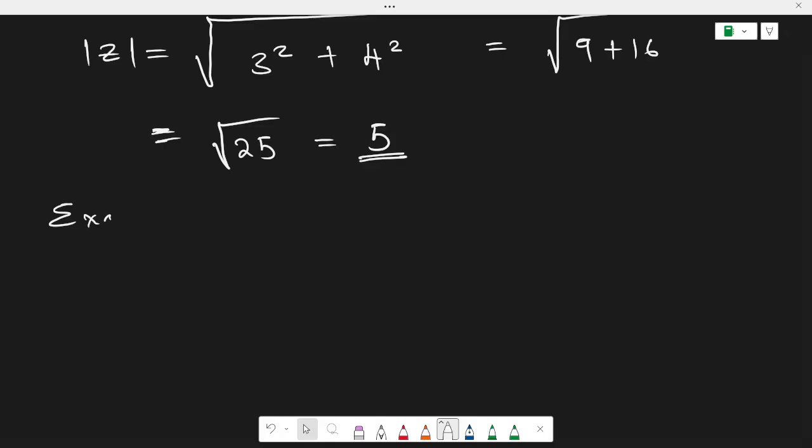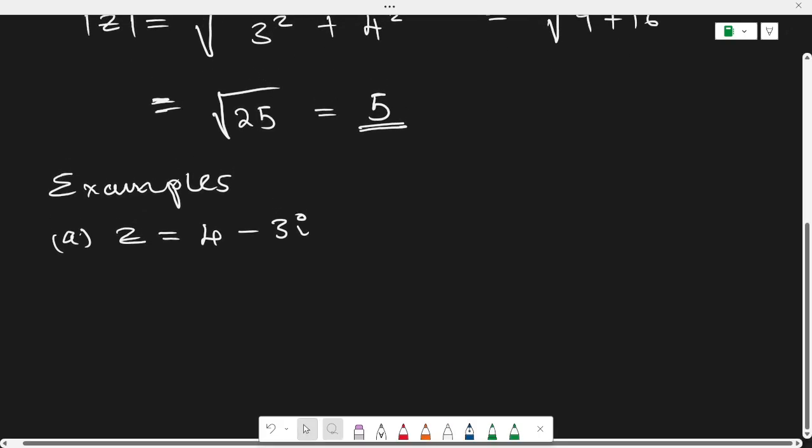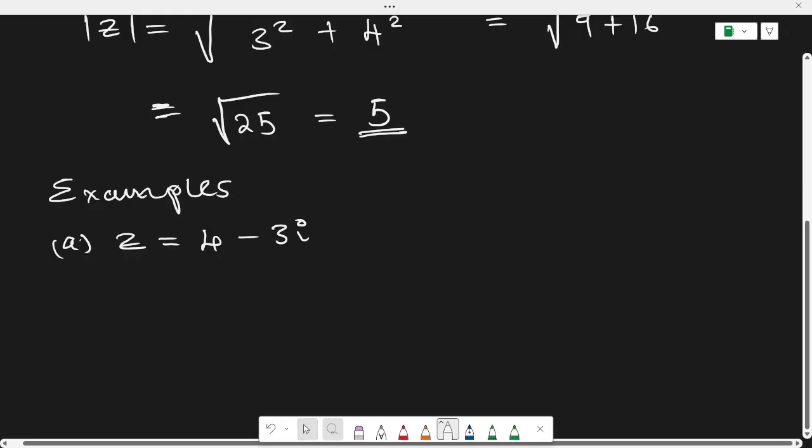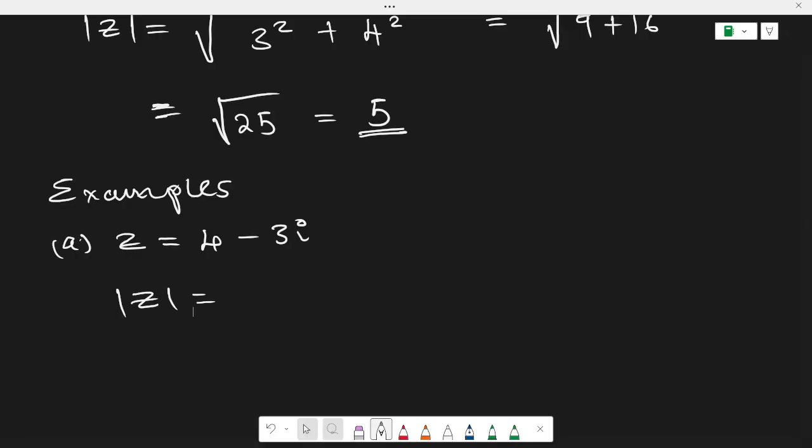Say, let's say we have z equal to 4 minus 3i. What's the absolute value of this? Well, the absolute value of this, which is |z|, is going to be the root of 4 squared plus 3 squared.